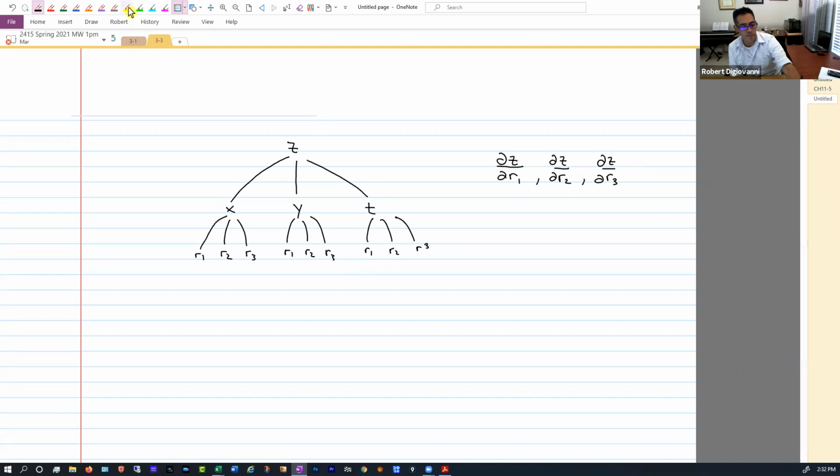Let's just look at one of them. I'm going to pick partial of z with respect to R2. That means we need to get from z down to R2. To do that, I have to go down each of these branches.